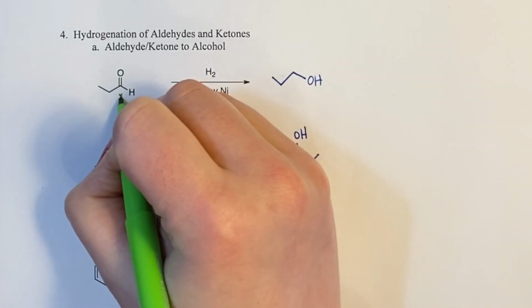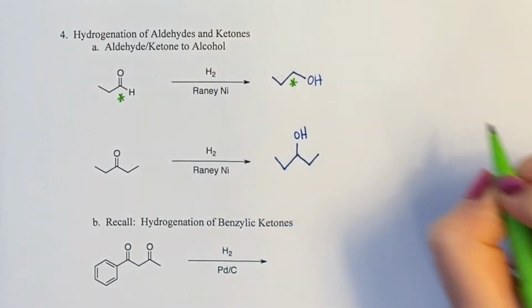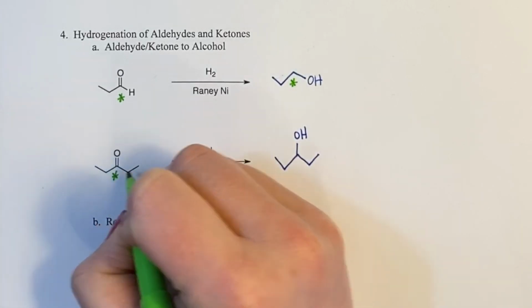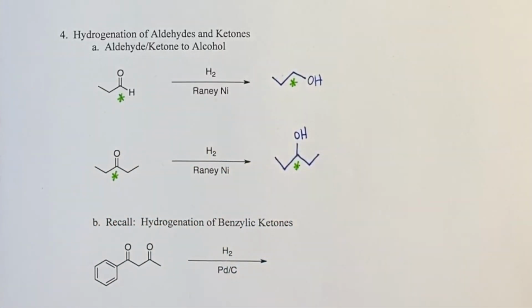Where this carbon of my aldehyde is this carbon of my product, this carbon of my ketone is this carbon of my product, and I've essentially added a molecule of H2 across this pi bond. This carbon of my carbonyl gets a bond to a hydrogen. The oxygen of the carbonyl also gets a bond to a hydrogen.